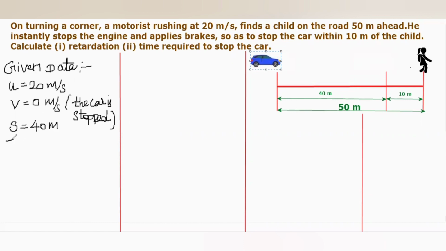What are all the things we are going to find? First one, the retardation. We have to find the retardation. It means the acceleration in the opposite direction, that is minus a, or the a we will get in negative.